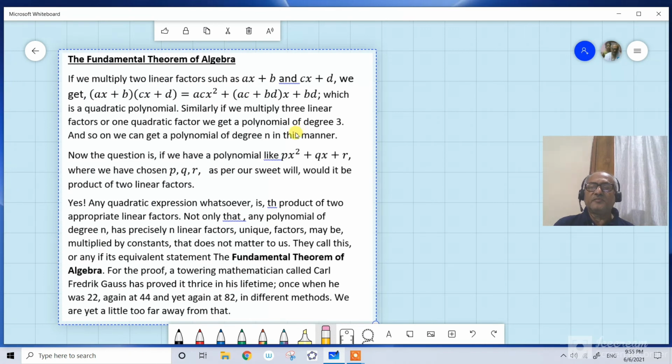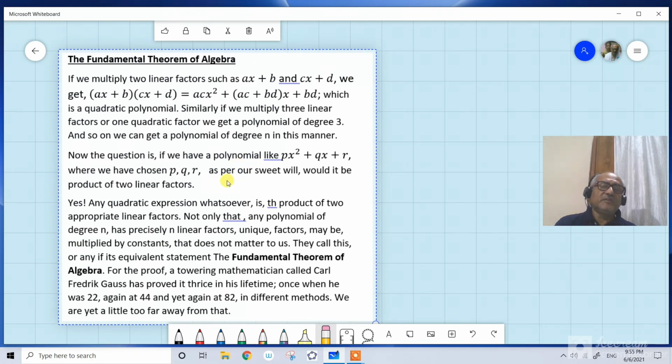So if you multiply n linear factors, you will get a polynomial of degree n. Or you multiply a linear factor and a factor of fourth degree, you must get a polynomial of fifth degree.